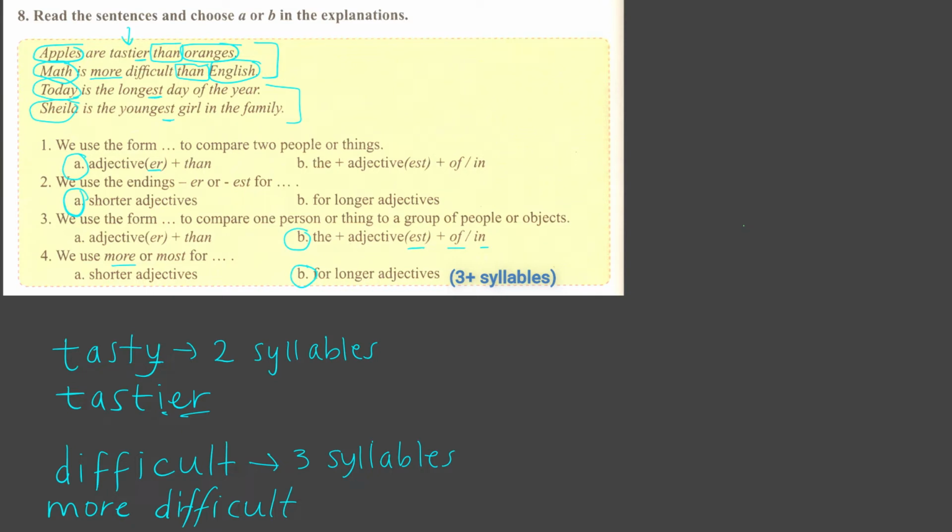And Sheila is the youngest girl in the family. However, we also need to use most sometimes if the adjective is longer. So these structures in 1 and 3, they are used for the shorter adjectives, and then when we have adjectives with 3 or more syllables, we need to add a more or most instead of er or est.